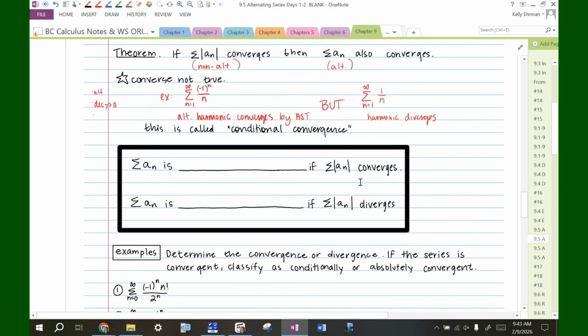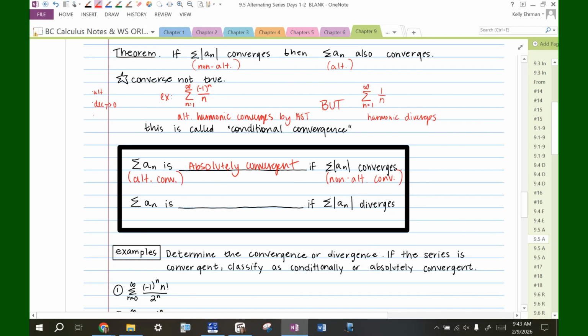If we know that an alternating series converges, and the absolute value, so the non-alternating, converges, then we say that this series is absolutely convergent.